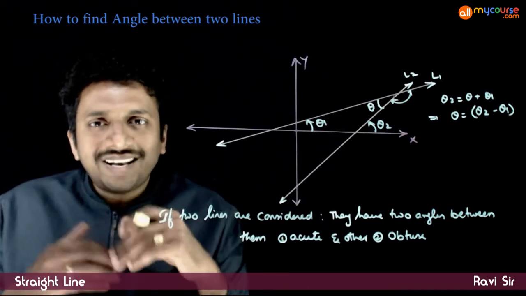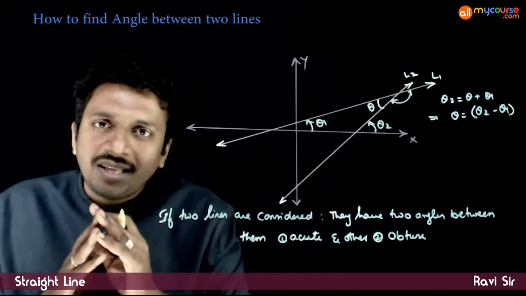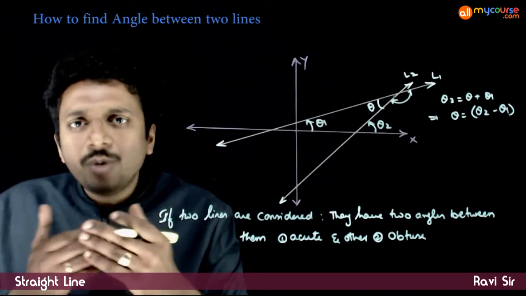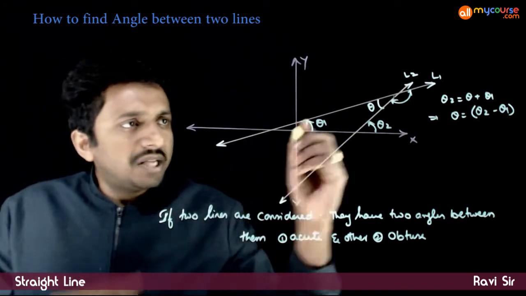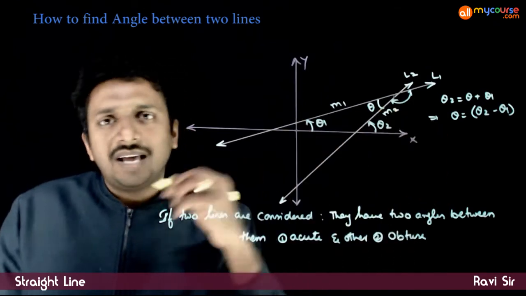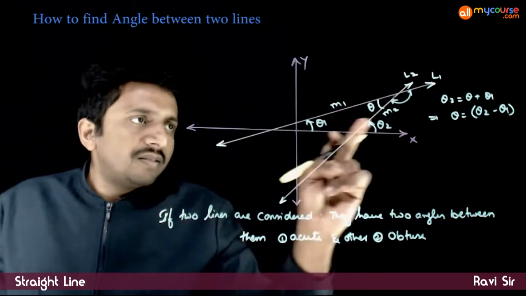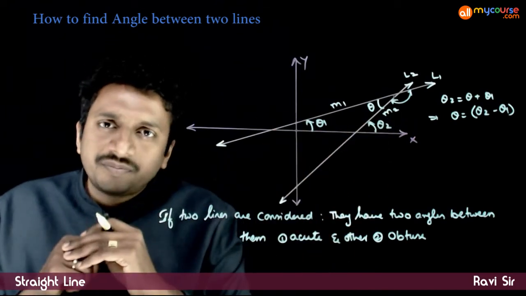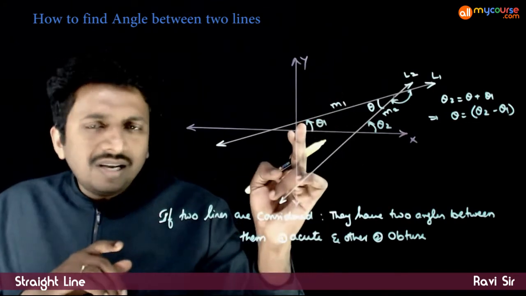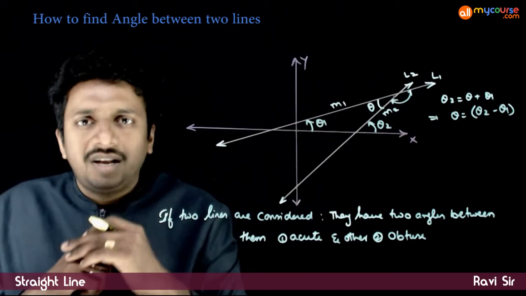So what is the next best thing that you can know to find the angle between the lines? The next best thing is nothing but the slopes of the lines, right? So assume that the slope of the first line is given as m1, and the slope of the second line is given as m2. Obviously you know that if slope is known, inclination can be found out, because slope is nothing but tan of inclination.